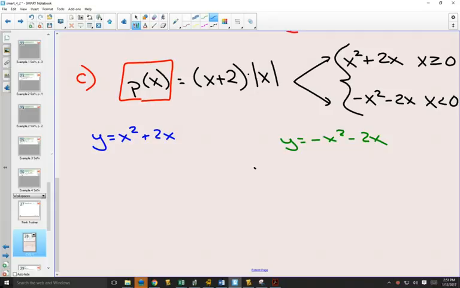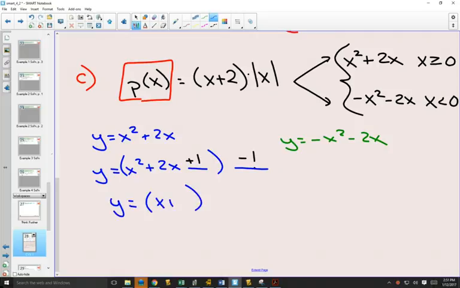First of all, in order to graph these, both are parabolas. I am going to complete the square. Remember, completing the square so that I get the vertex form so we can graph it quickly. What would I need to add in here? Plus 1. If I added 1 in there, I would have to minus 1 there. And this is x plus 1 squared minus 1. Same thing on the other one.